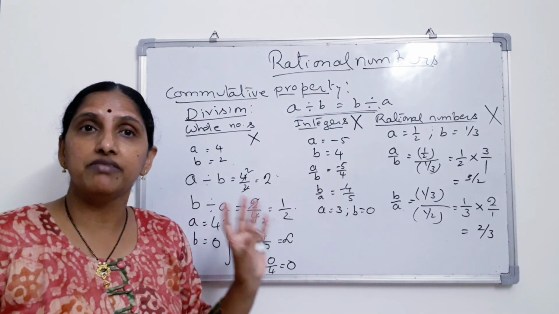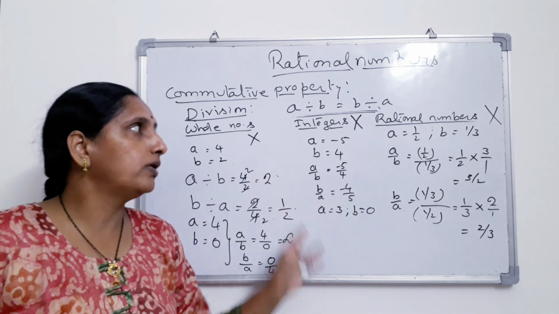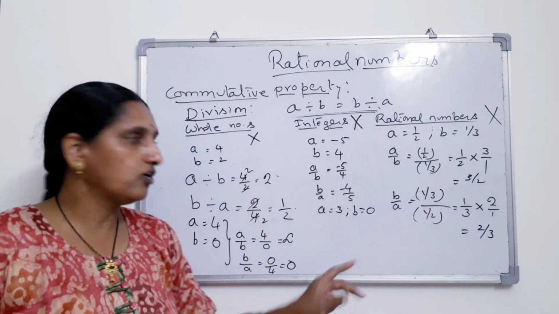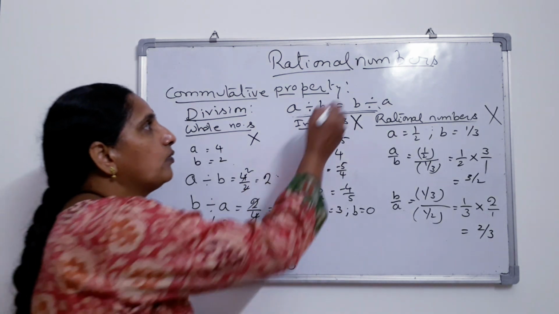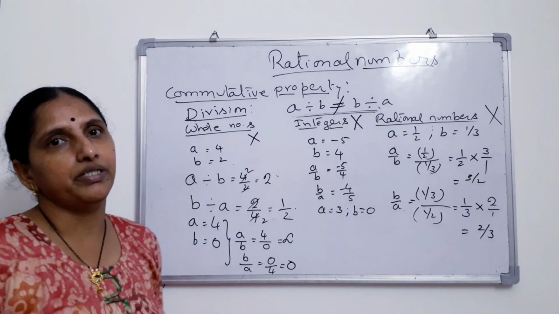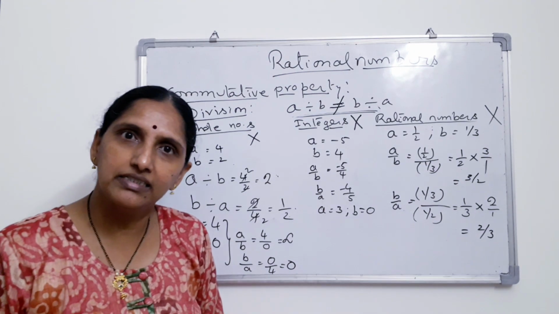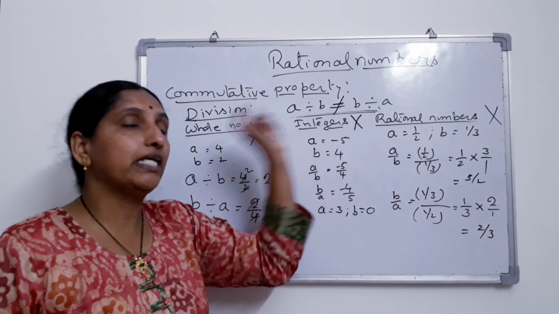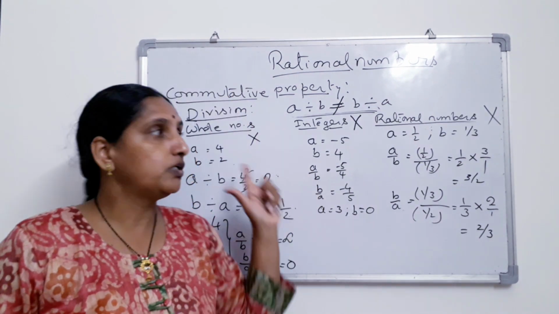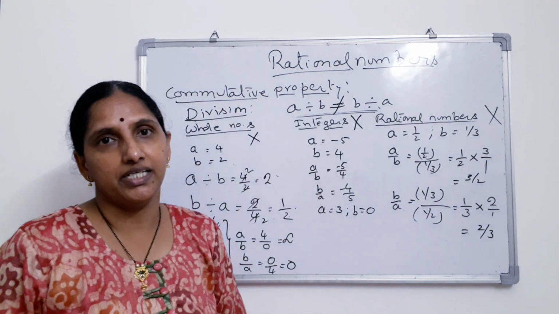Commutative property under division is not obeyed by whole numbers, integers and rational numbers. A divided by B is not equal to B divided by A. Is that clear? We just made the equal to as not equal to in all the three cases.